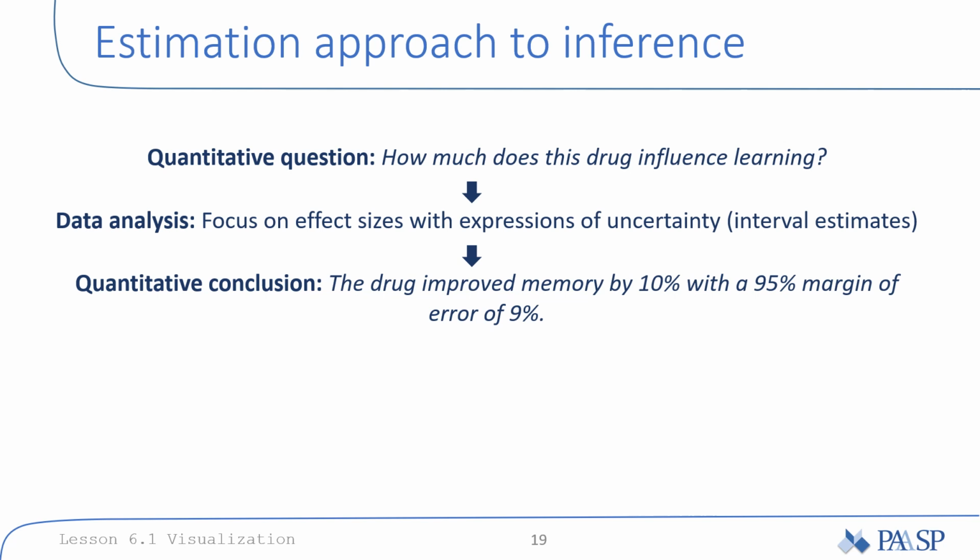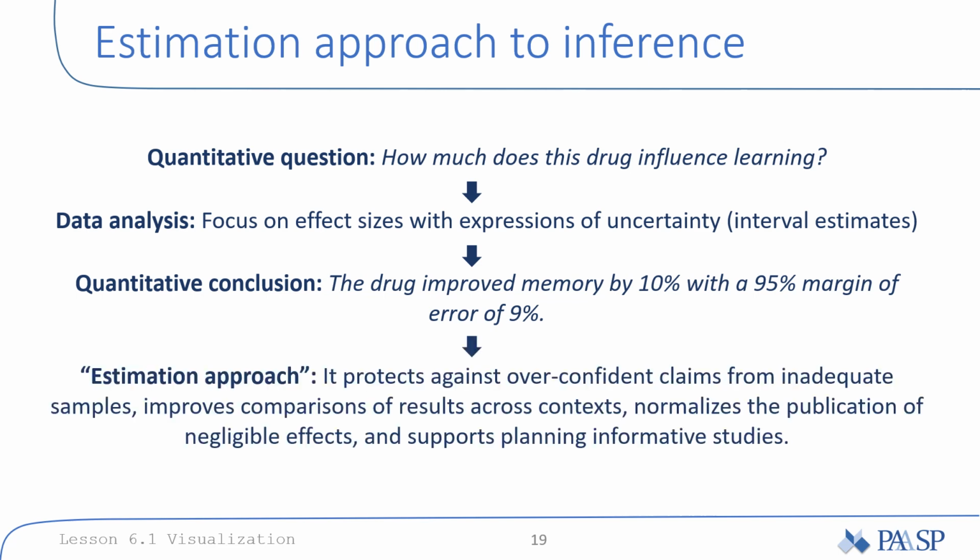And the magnitude of error expresses some of the uncertainty in generalizing to the population. In general, the common theme of the estimation approach is an emphasis on uncertainty, which is a key aspect of good statistical practice. Focusing on uncertainty makes the tentative nature of any one study more salient and highlights the need for direct replication.